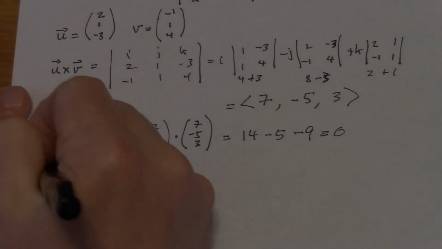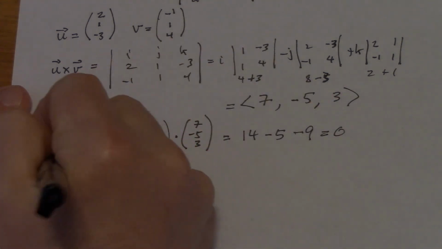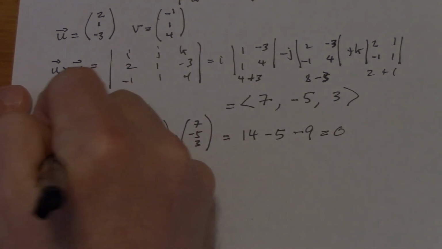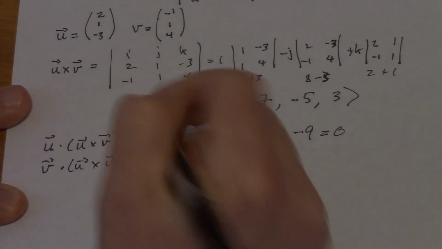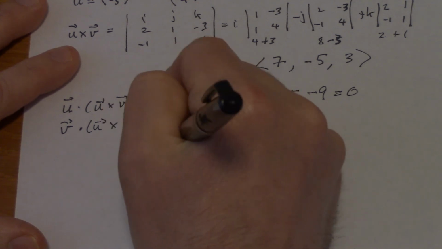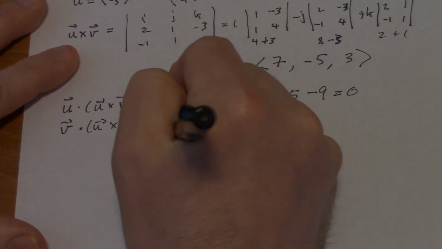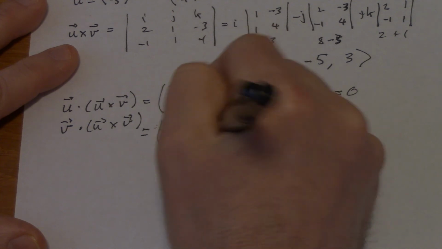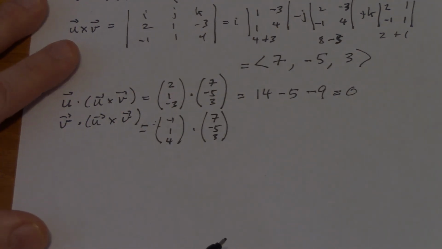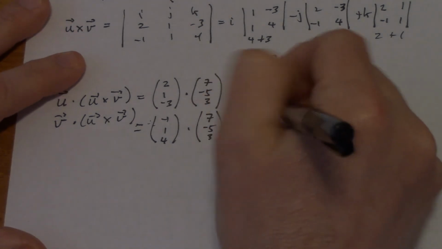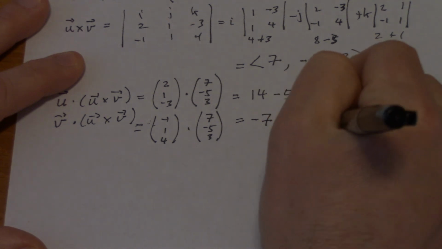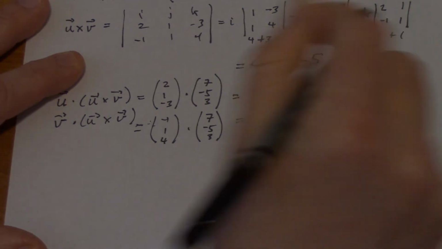Interesting. If we do v dotted with u cross v, okay, what's that going to be? Same sort of thing. So minus 1, 1, 4 dotted with 7, minus 5, 3. And what's that going to be? That's going to be negative 7 minus 5 plus 12, and that is 0.